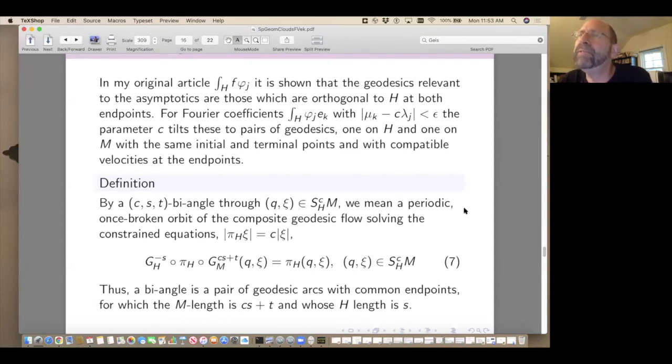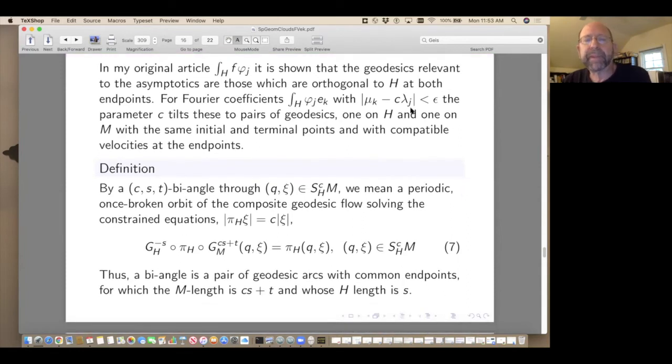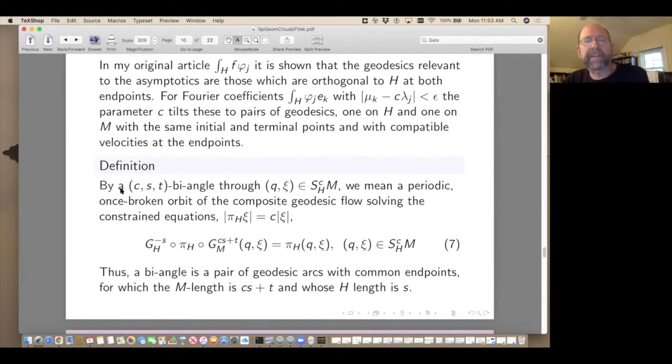So there are two different geodesics, one on the submanifold, one on the big manifold. We call it a biangle because it has two geodesic sides. And there's a relation between the length of the geodesic on M and the geodesic on H in order for it to contribute for a particular value of c. So these are what we call c-s-t biangles.